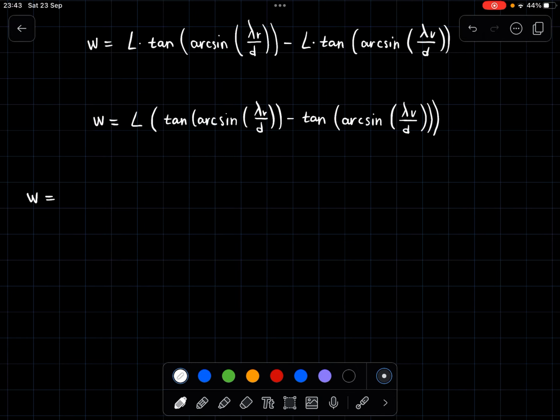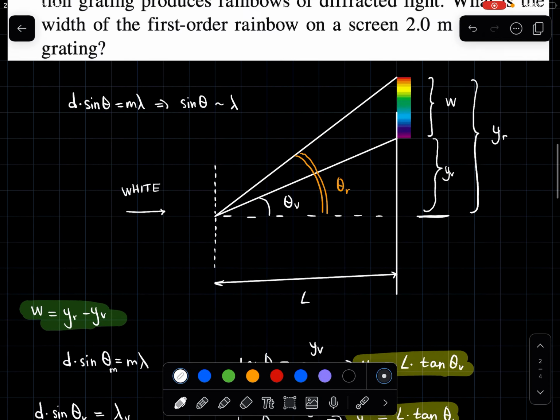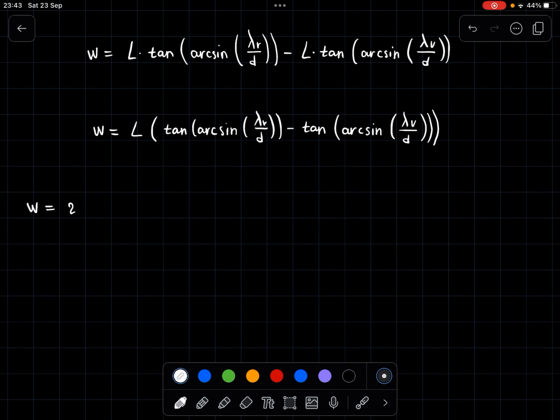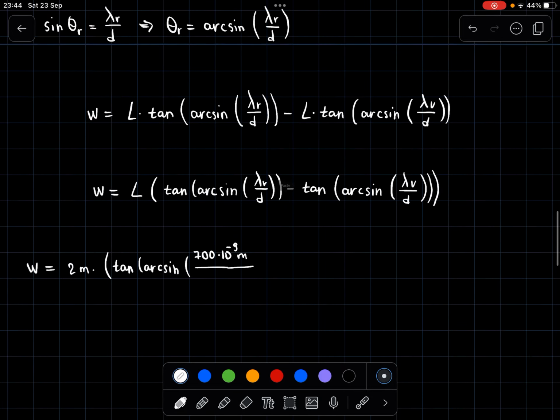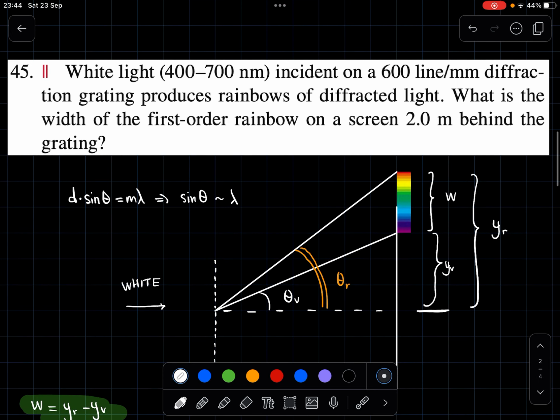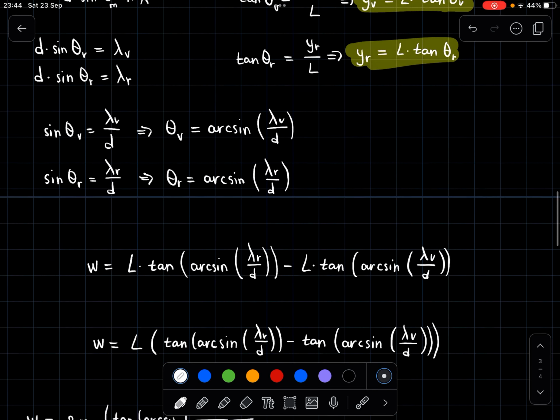So the width of this rainbow will be L equals 2 meters multiplied by tangent arc sine of lambda of red light, it will be 700 multiplied by 10 to the power of minus 9 meters divided by d. D is equal to, so it's 600 lines per millimeter.